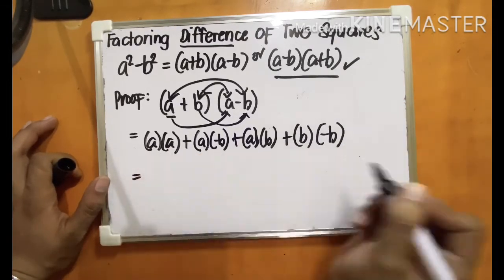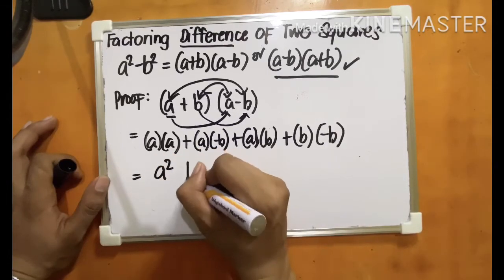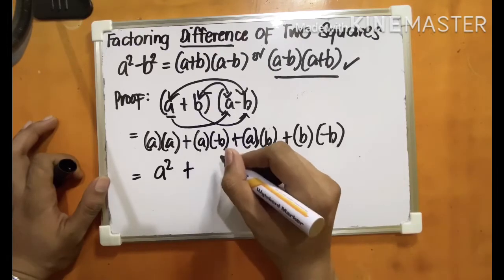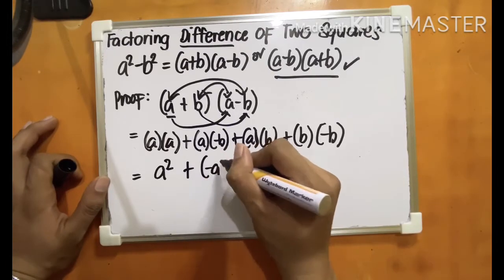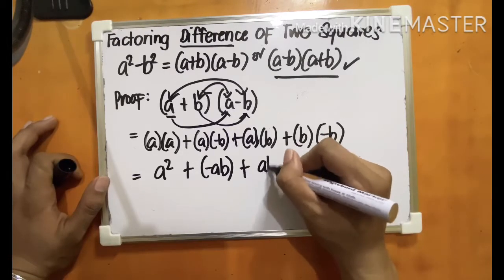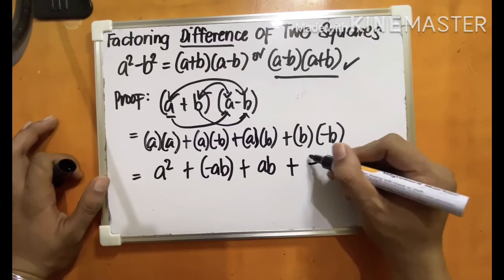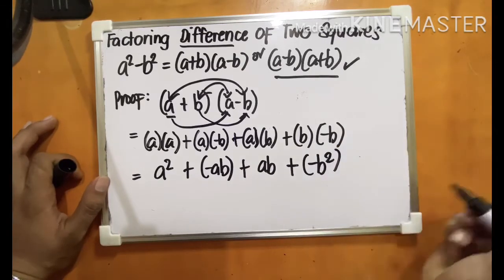So evaluate or simplify. So a times a is a squared. Then a times negative b is negative ab, plus a times b is ab, plus b times negative b is negative b squared.